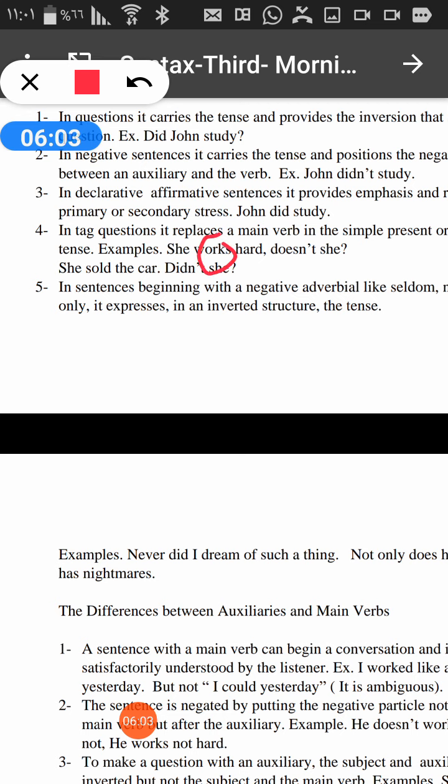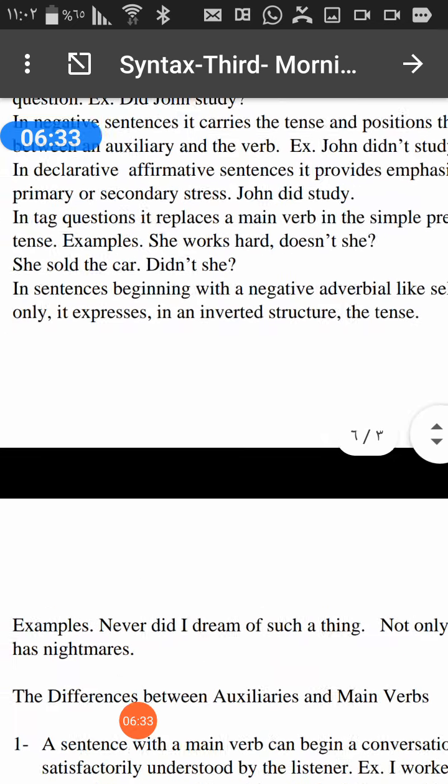But in the past, as in this example, she sold the car, didn't she? Here the auxiliary did is used instead of sold. So in tag questions, في الأسئلة الذيلية الفعل do يشير إلى زمن الجملة ويعتبر بديل عن الفعل الرئيسي. إذا كان الفعل مضارع بأس فdoes يعوض عنه، وإذا كان ماضي بسيط الفعل did يعوض عنه.